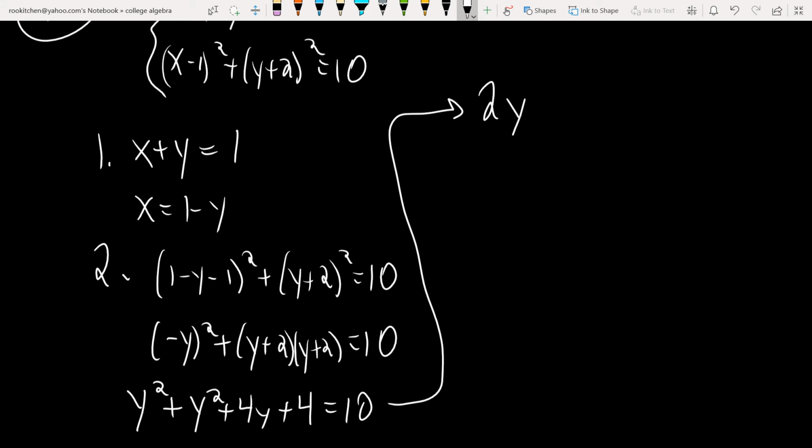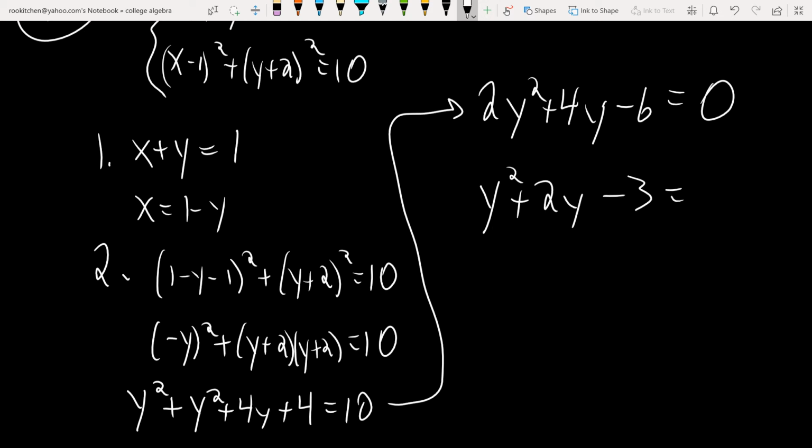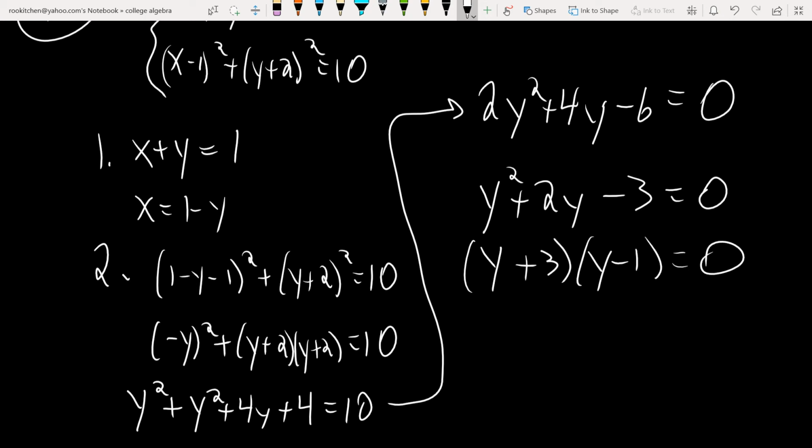So I have 2y squared plus 4y, subtract the 10 from the other side, negative 6 is 0. Divide both sides by 2, so y squared plus 2y minus 3 is 0. Factor that, (y plus 3)(y minus 1) is 0. So it looks like y is negative 3, and then y is 1.